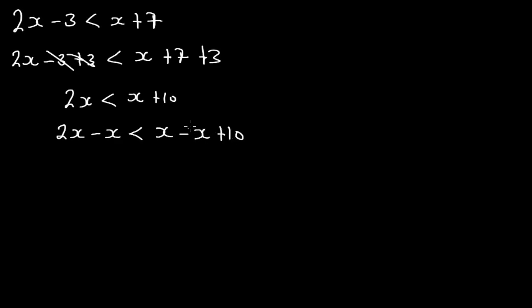Now you might be wondering, why did I bring it here? Well, if I have it as plus x, that's like plus 10 minus x, I can still rearrange. And then I have x minus x plus 10. So just be careful. So far, you are not crossing a certain boundary.